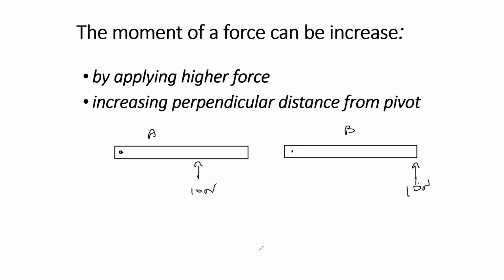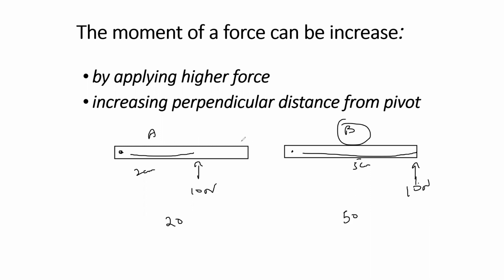In this example, B as well. Why? Because A has a shorter distance, for example 2 centimeter, and B has a longer distance, for example 5. So 2 multiplied by 10 is 20, and 5 multiplied by 10 is 50. So B will have a greater turning effect.